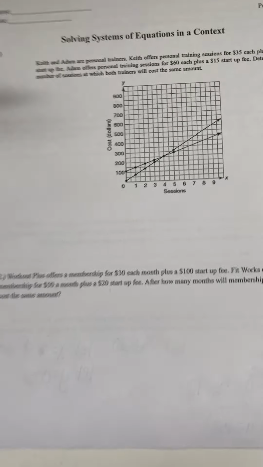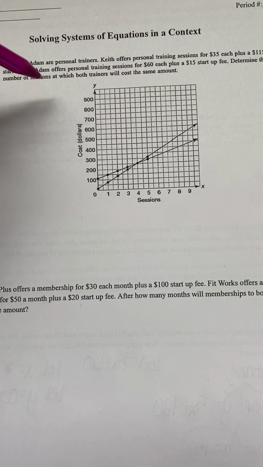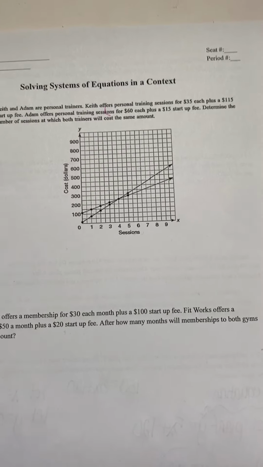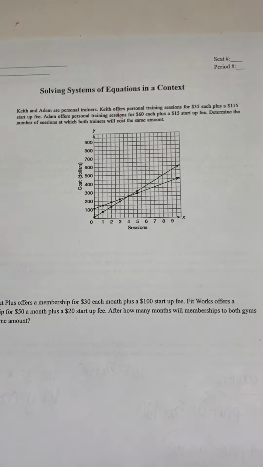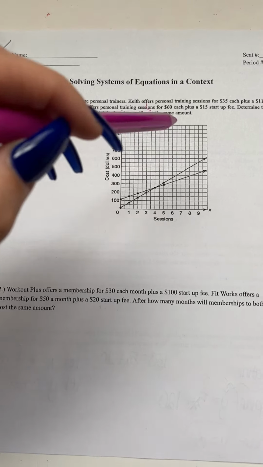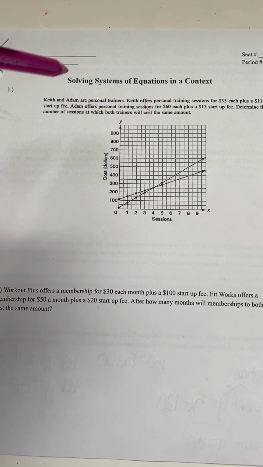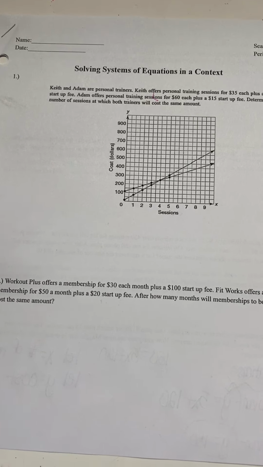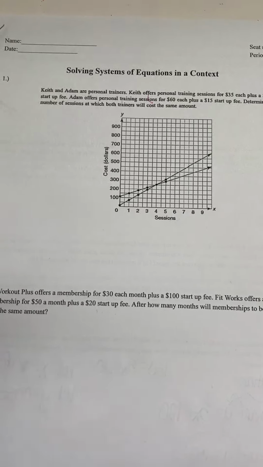Now, the question is asking, determine the number of sessions at which both trainers will cost the same amount. So here's the funny thing, you all. We actually did this at the beginning of this unit, but without the graph. This was the word problem that I said is what we're building towards. We have a lot to learn before we can get here.